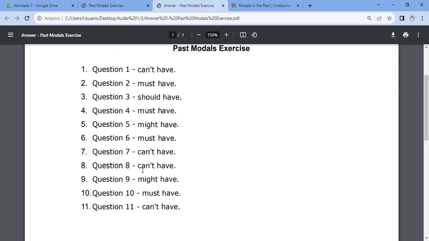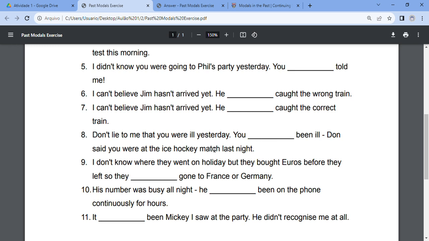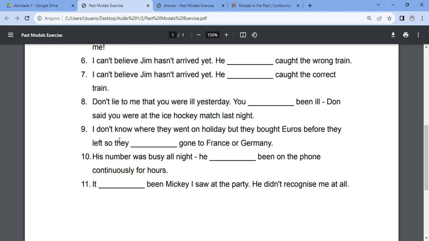Right? Okay. Question 8. I don't know where they went on holiday, but they bought euros before they left. So it's a possibility, because you have the fact that the people have euros. So it's a possibility that they went to France or Germany or other places that use euros. But you don't have any certainty of what you're saying.